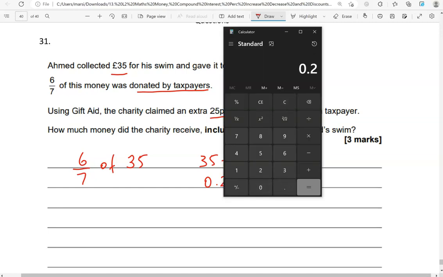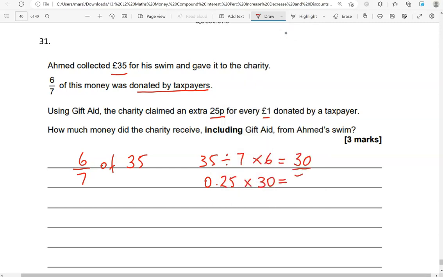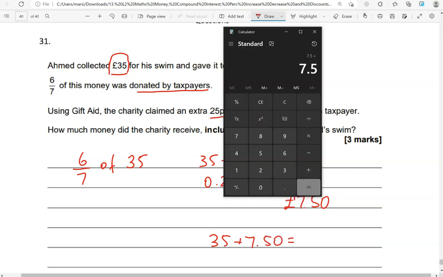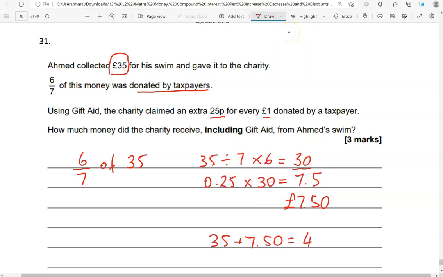So 0.25 times 30 gives us 7.5. So that is £7.50. So the question is, how much money did the charity receive, including gift aid, from Ahmed's swim? So that is 35 and the £7.50 gives us £42.50.